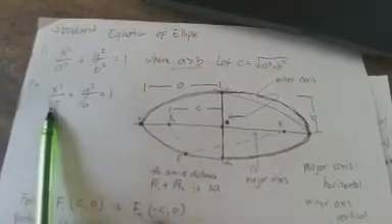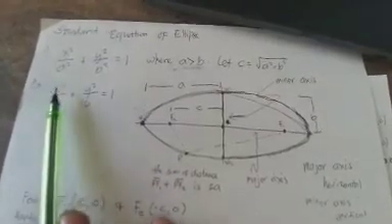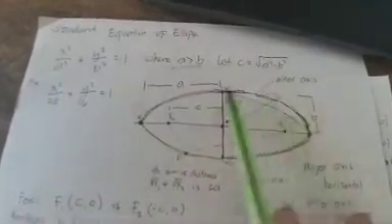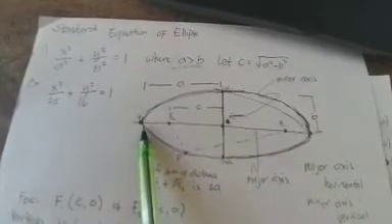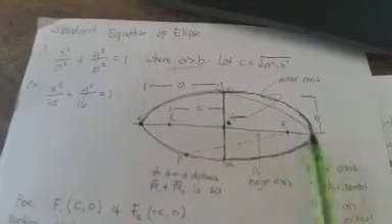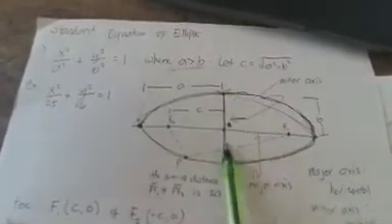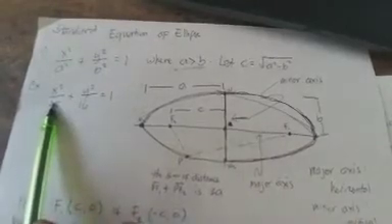Since 25 is greater than 16, and 25 is under siya sa variable x, it means pahigda ang ato ang ellipse. In short, ang ato ang major axis is naa siya sa x-axis. And our minor axis is naa siya sa y-axis.